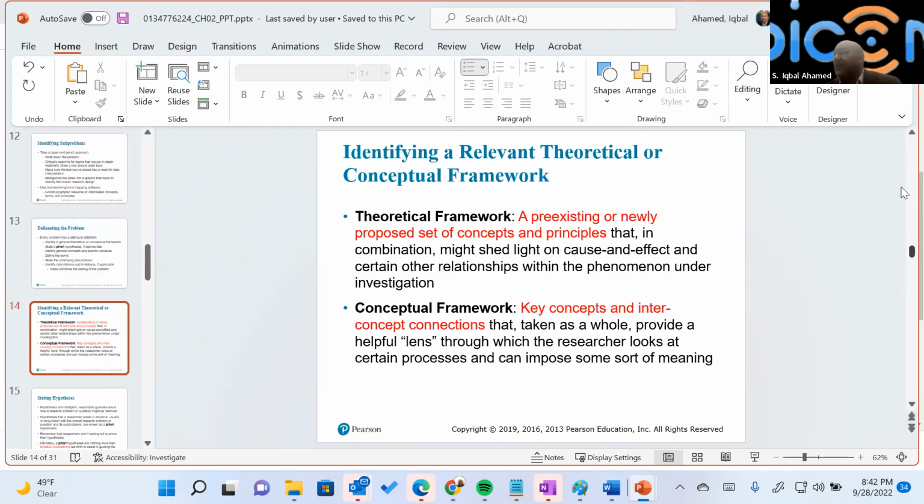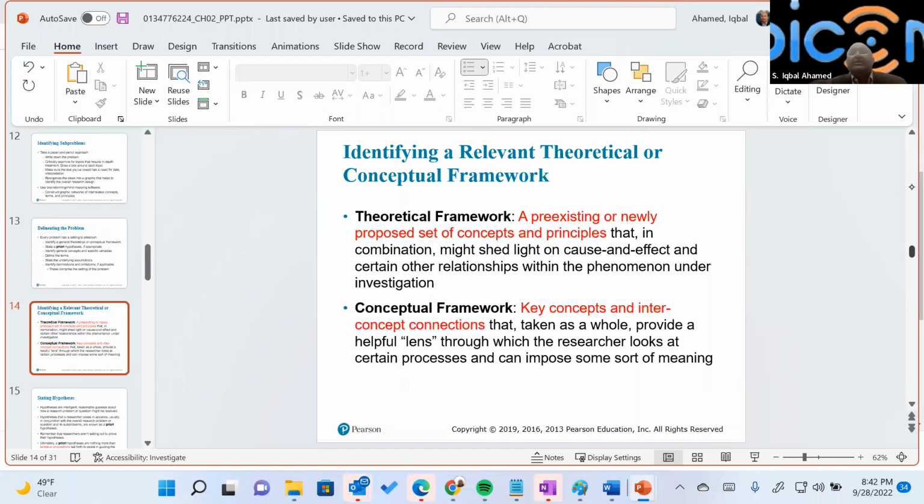So basically, there are two types of framework, and all of us know. One is the theoretical framework. Theoretical framework means there is already some pre-existing concept, some principles, some relationships, causal effect relationship, or any other relationship already there. But there is another one where you do not have that kind of theory established, but you have some concepts, and among those concepts there are some connections, right?